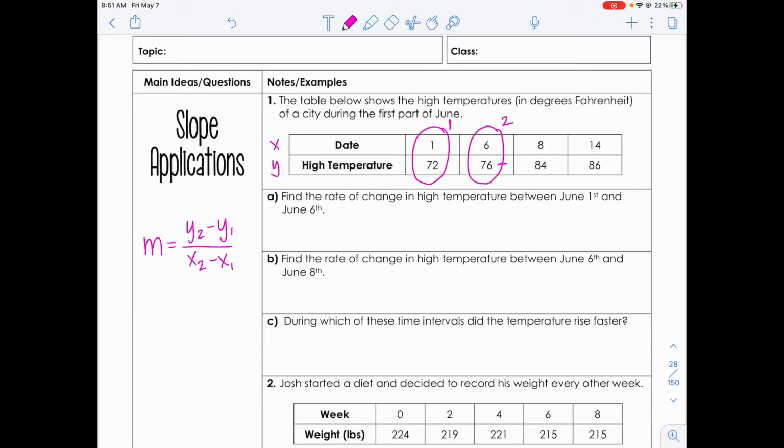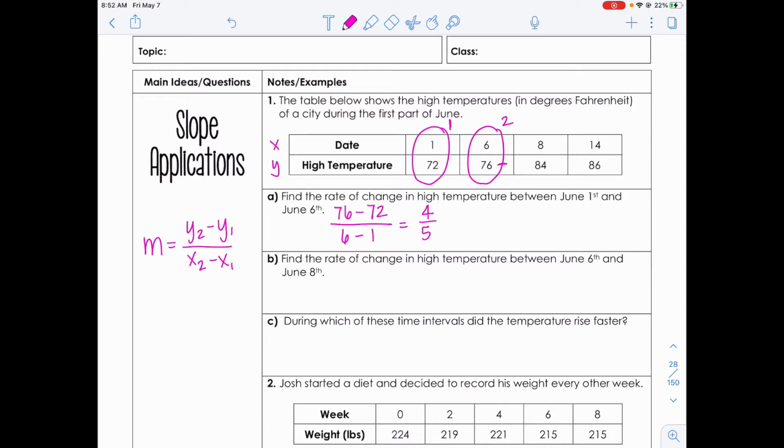This is the Y in my Y2. So I'm going to do 76 minus, and then my Y1 value would be 72, over X2, which is 6, minus X1, which is 1. When I subtract them, I get 4 over 5.